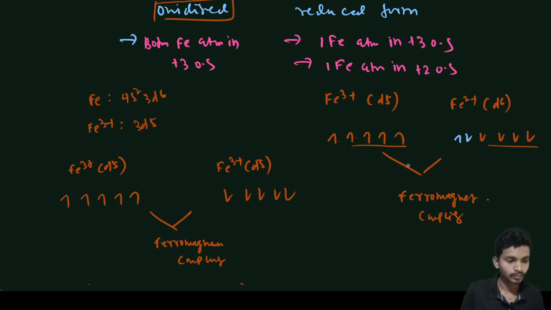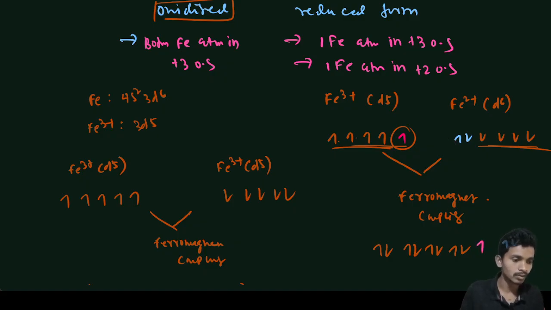Okay, so then let's say this, I will do it in another pen. So this 4 and this 4 will couple, and this has remained, so this will stay as it is, and this is again already coupled.